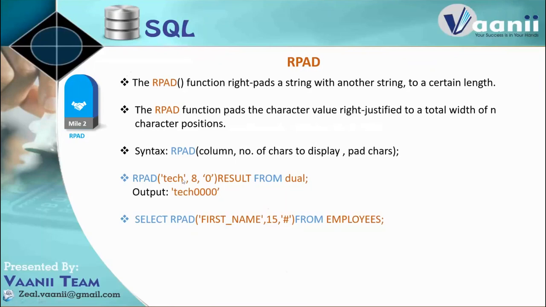For example, if there is a word called check, and I want to display a total of 8 characters, padded by 0 on the right side, we use RPAD with the word, the total number of characters, and the padding characters. So the result will come like this.